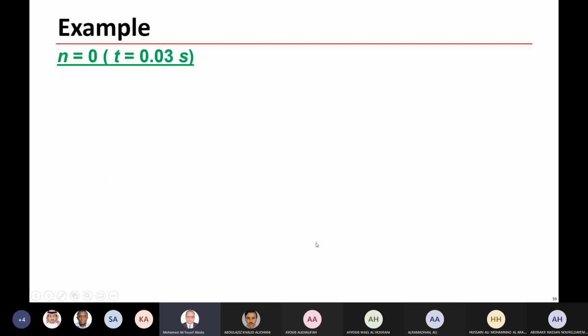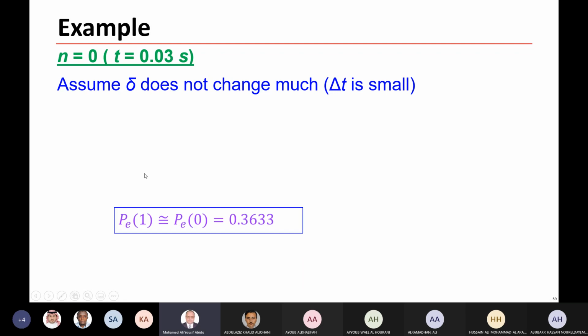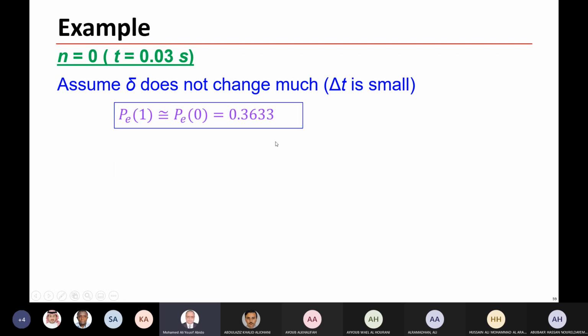Okay, now for n equal to 0, we start now, first iteration will end up at 0.03 second. So assume delta doesn't change much. Delta t is small, and this is very important.